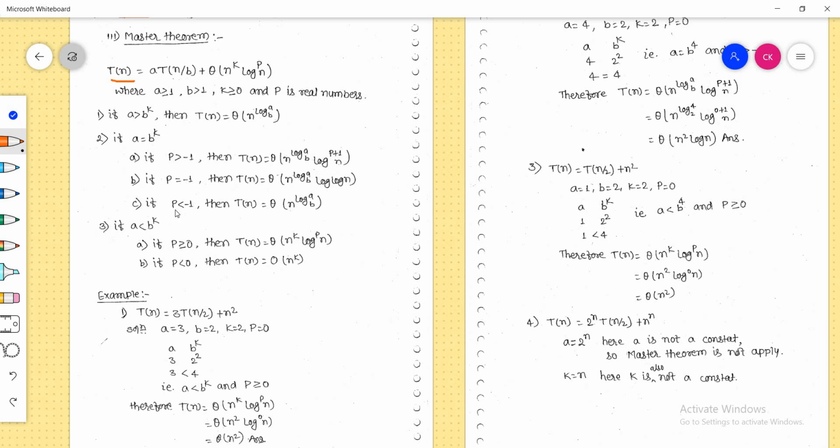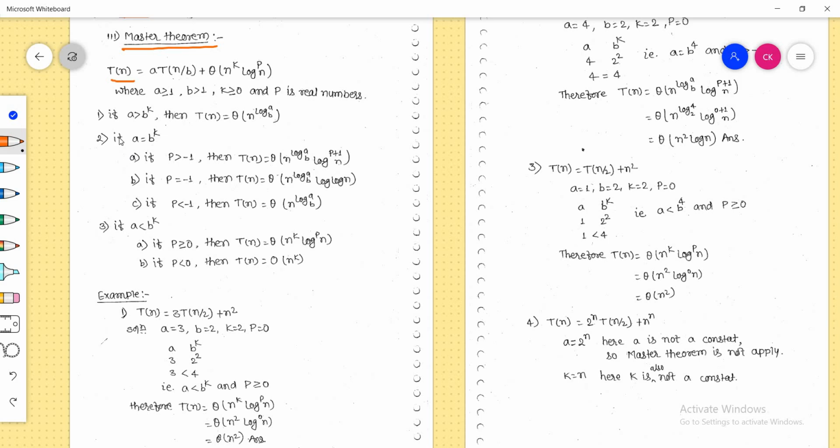This is one such version, and in many textbooks there are different versions of this master theorem. Maybe this will be a little bit complex one, but this master theorem will solve the majority of the problems of this format.